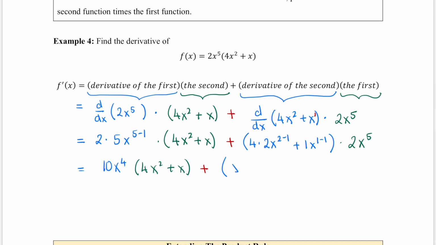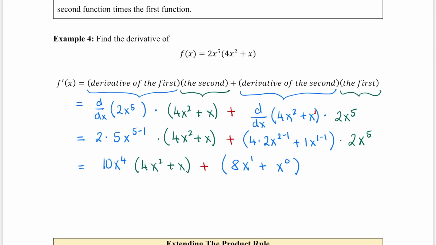So we have 8x to the first plus 1x to the 0 times 2x to the fifth. x to the 0 is 1, so I have 8x plus 1 here.